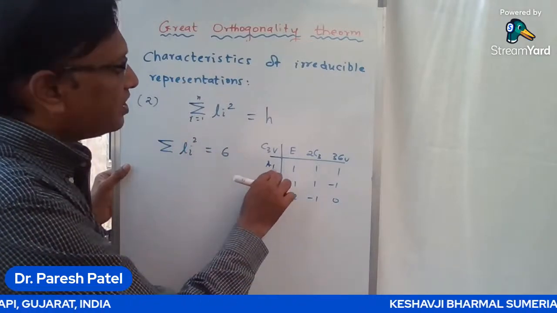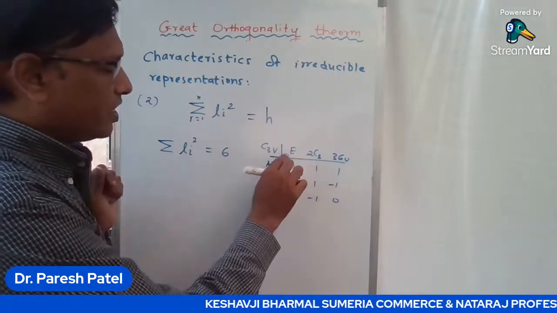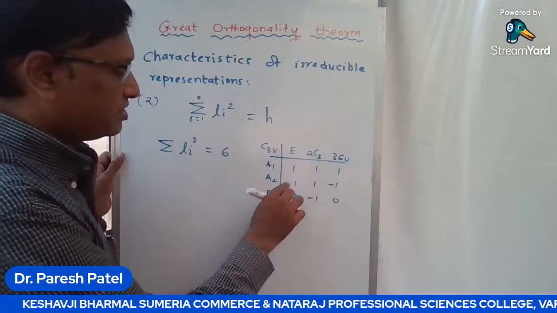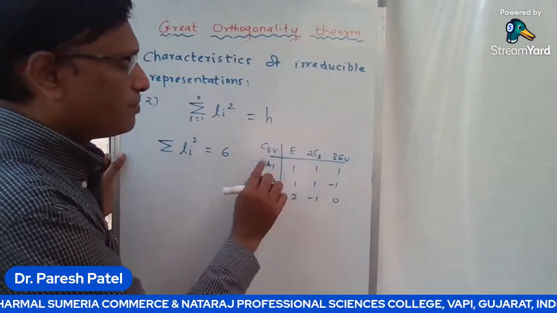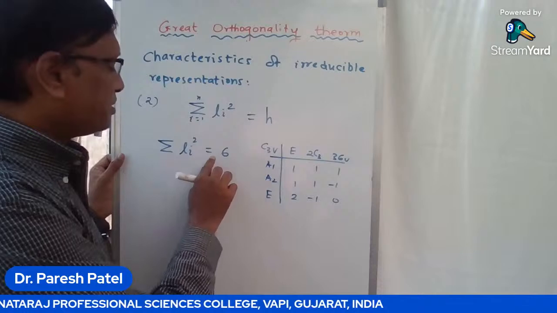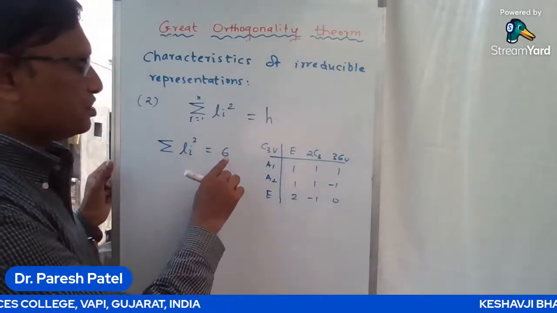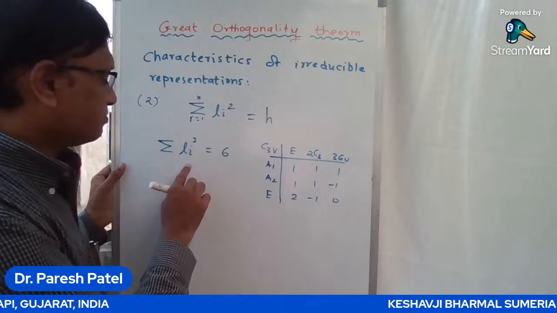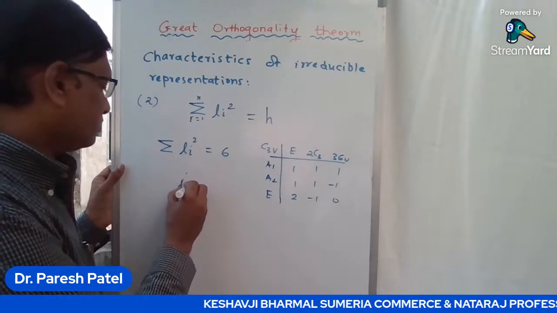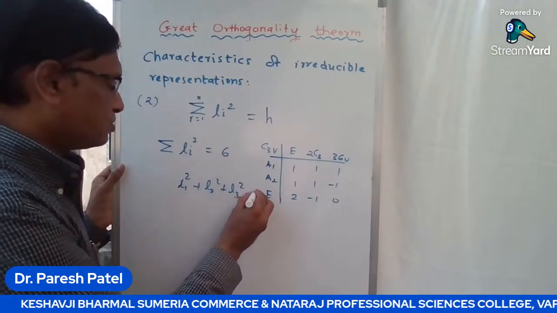And we know that the dimension of any representation corresponds to the character of the identity symmetry operation. So this is one dimension, this is one dimension, and this is two dimensional. So the sum of the squares of the dimensions is equal to 6. It means l1 square plus l2 square plus l3 square is equal to 6.